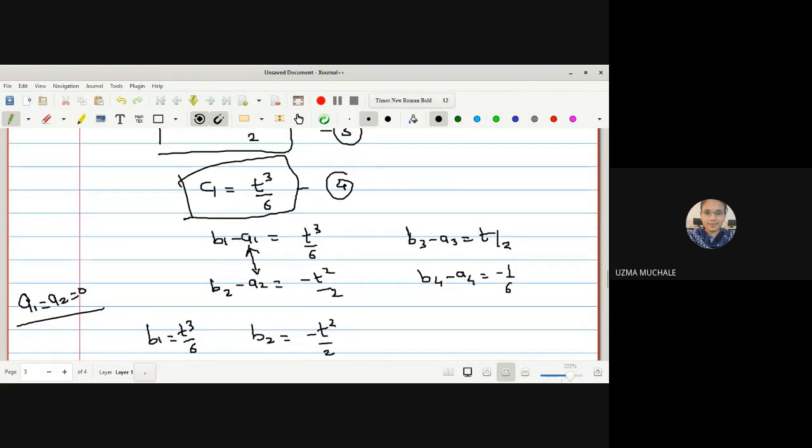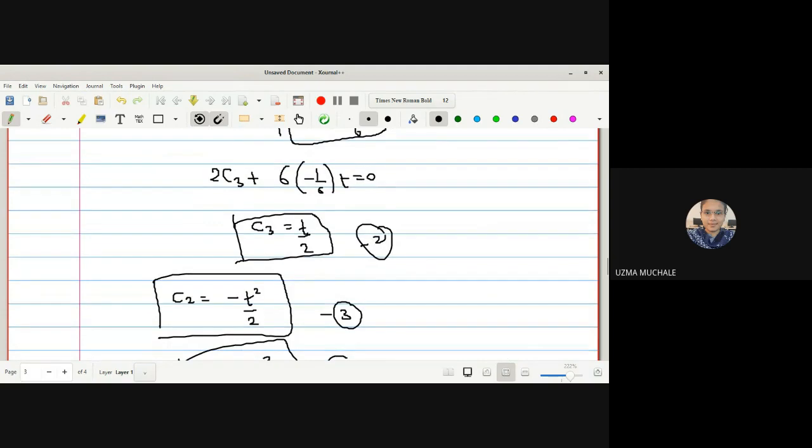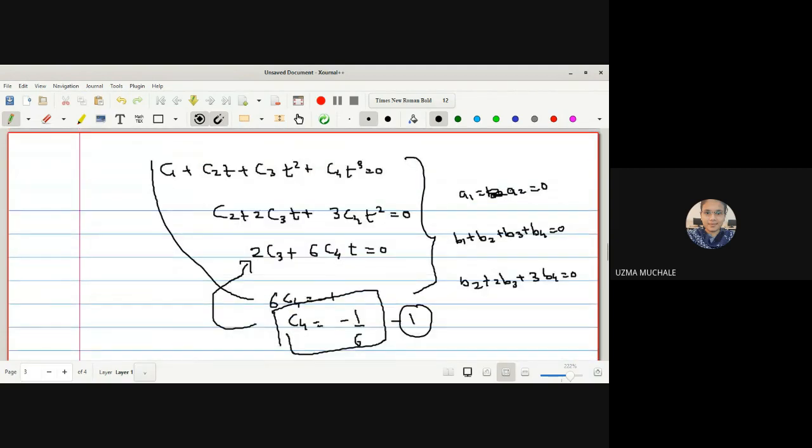Now use these values of A1, A2, B1, B2 in the above equations. Where you can use? Here you can use. Here you have B1, B2. Substitute the value of B1, B2 in these two equations and you can get the values of B3 and B4.